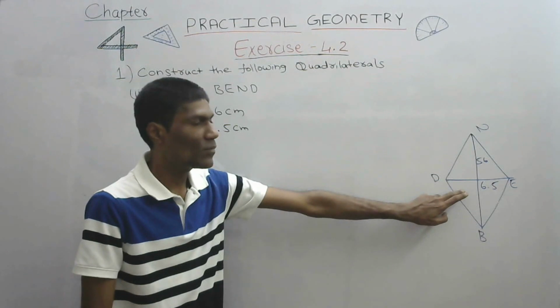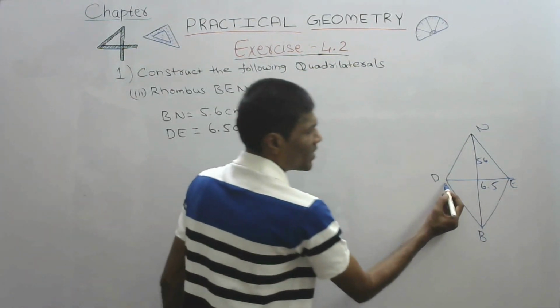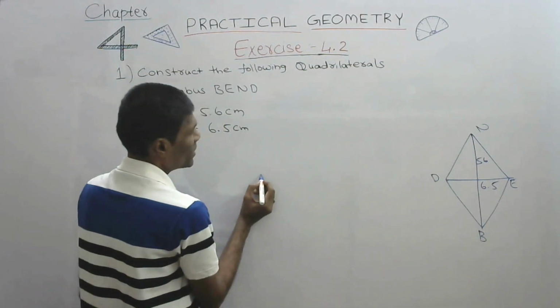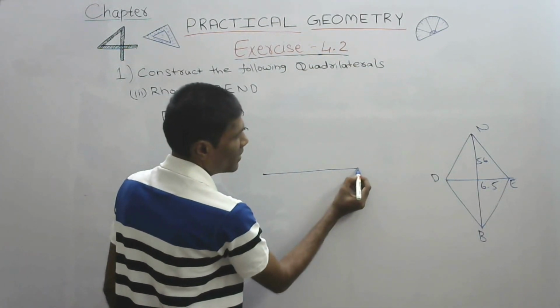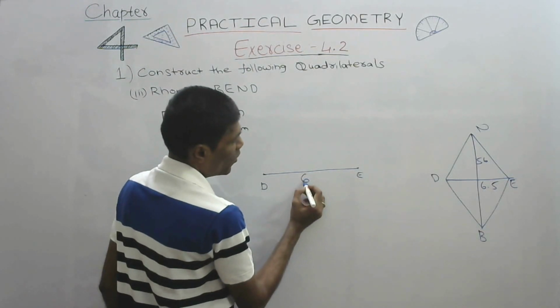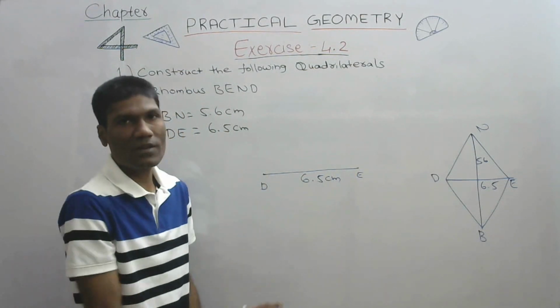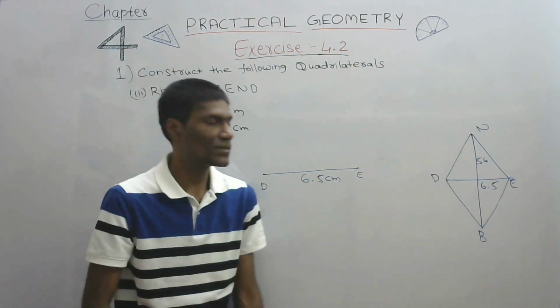Okay, now we have to draw this rhombus. Simple. First, let us draw this DE with the length 6.5 centimeters. First, we will draw a horizontal line with 6.5 centimeters.